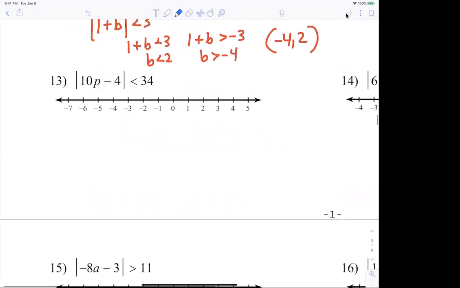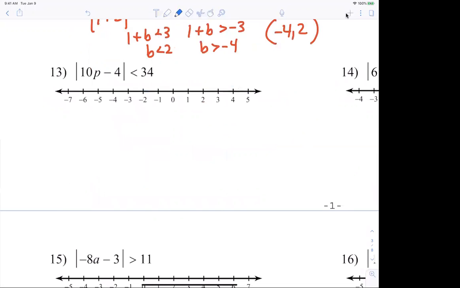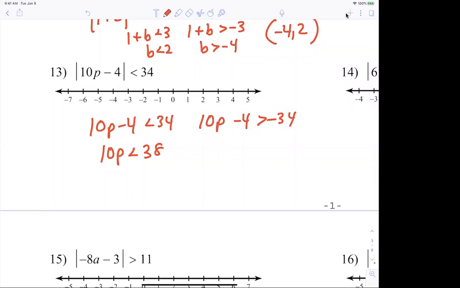Okay. So now it's getting a little harder. So now we say 10 p minus 4 is less than 34, and 10 p minus 4 is greater than negative 34. 10 p is less than 38, so p is less than 9.5. 10 p is greater than negative 30, so p is greater than negative 3.